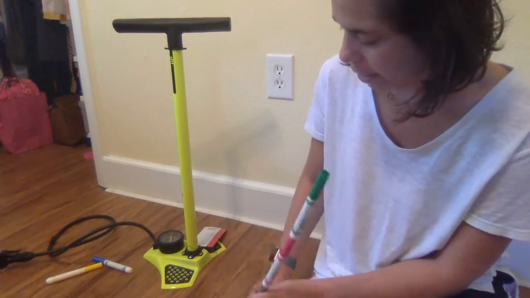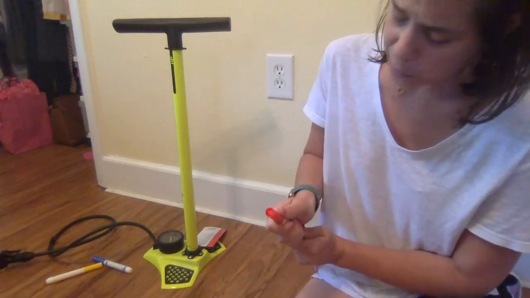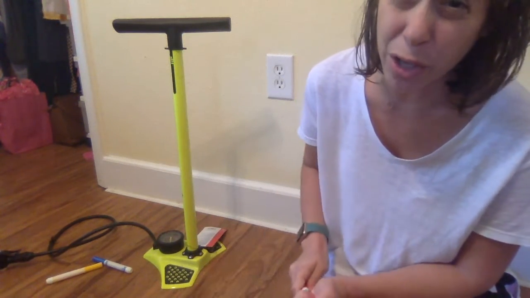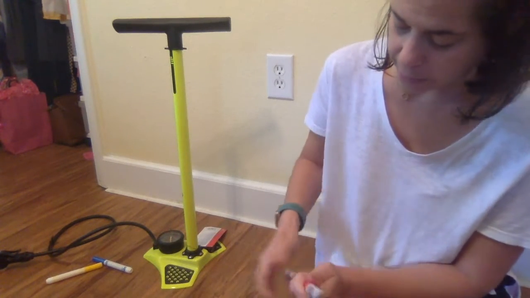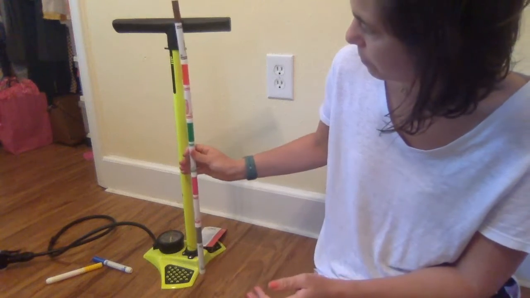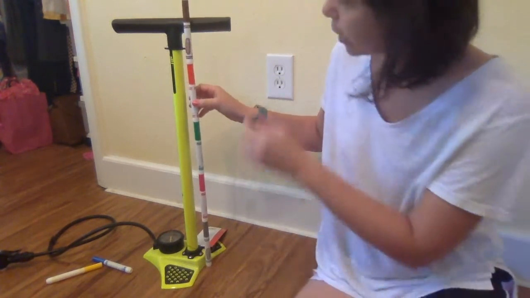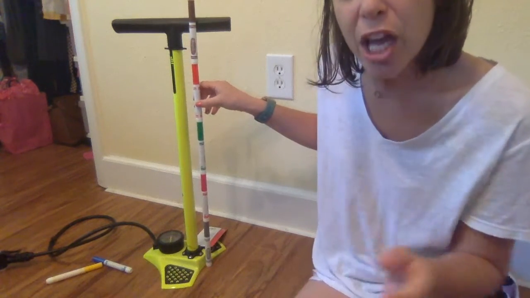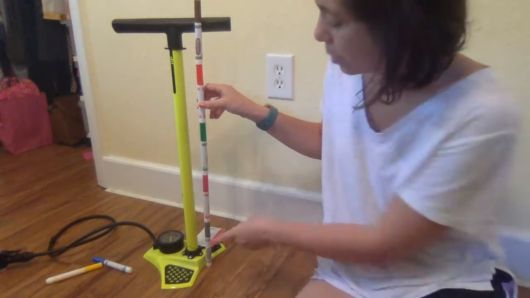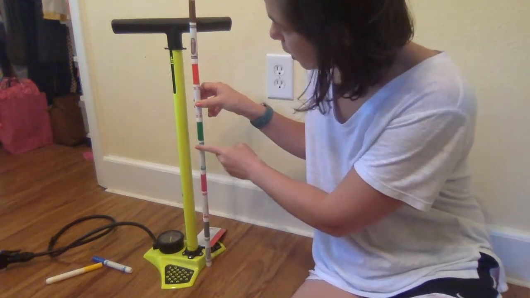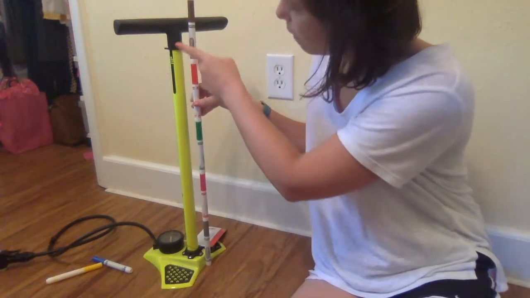Not there yet. I gotta add another one. The reason why I'm using markers is because they do connect. Mostly we would use cubes if we were at school, or if you have cubes, you're more than welcome to use them. Okay, let's see if it's tall. Oh! Made it. So I'm gonna put it down like this, and we are gonna count together how many markers tall this bike pump is. 1, 2, 3, 4, 5.